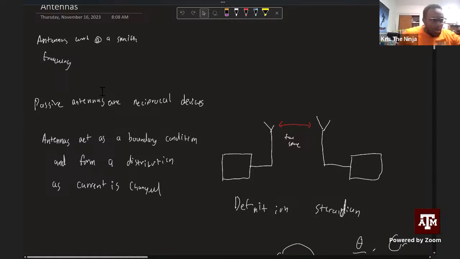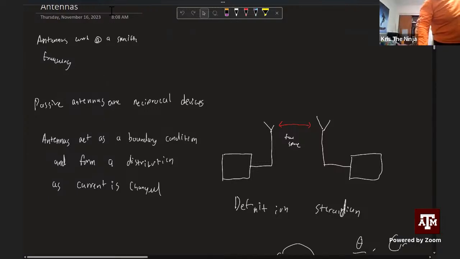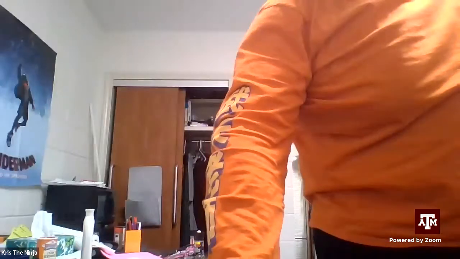But antennas work at a specific frequency. Actually, this is a great time to show y'all what we built in class. This right here is an antenna that we built in class. Let me stop sharing for a moment. Can y'all see it?